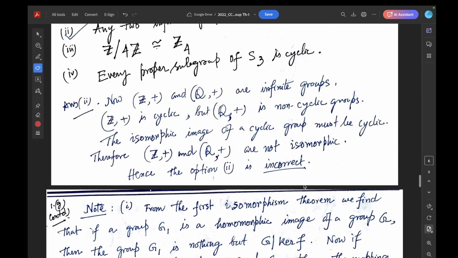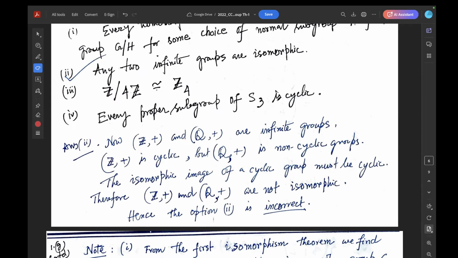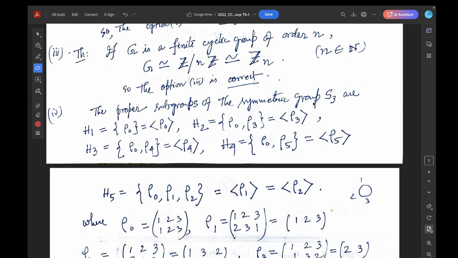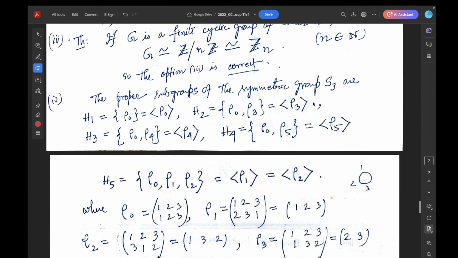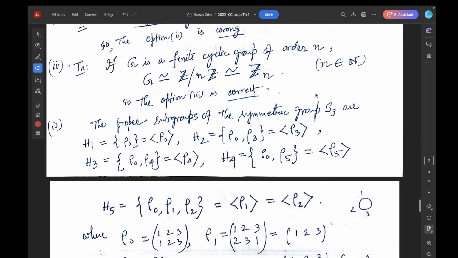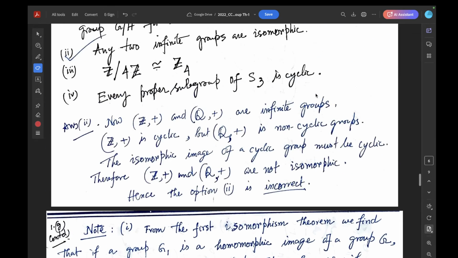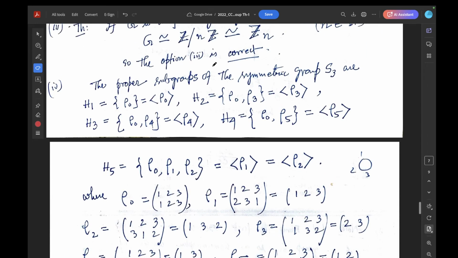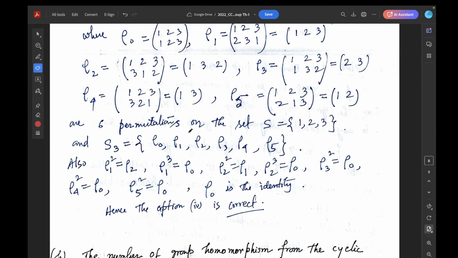Option 4, every proper subgroup of the symmetric group S3 is cyclic. Now, the symmetric group S3 contains the elements rho 0, rho 1, rho 2, rho 3, rho 4, rho 5.